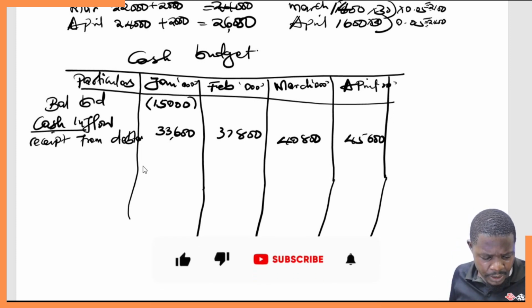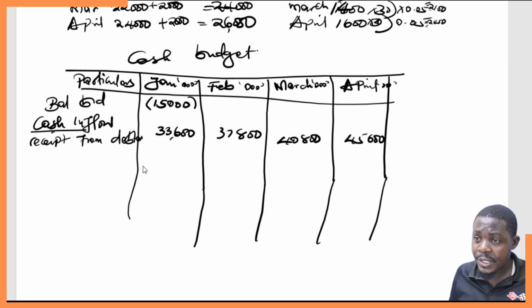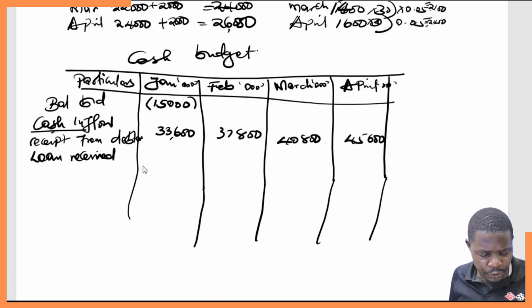We were told that a loan is being issued and is expected to be received. Let's call it loan received, as per additional information number 7. A loan of 100,000 is being issued on 1st December and the amount is expected to be received in early February.